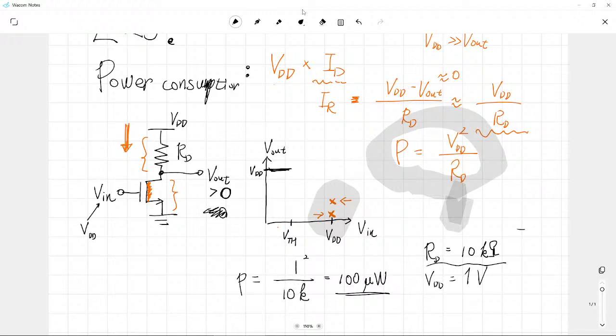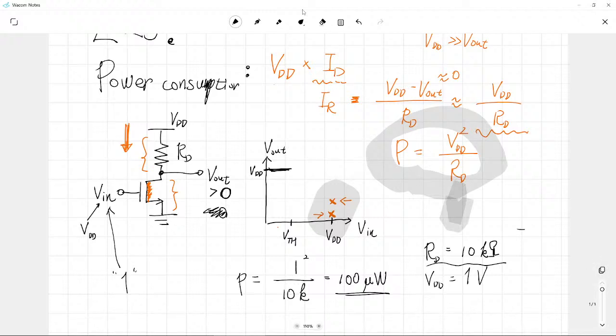100 microwatt power dissipation by a single MOS transistor, and we just keep the input value as a logical one. Think about this.